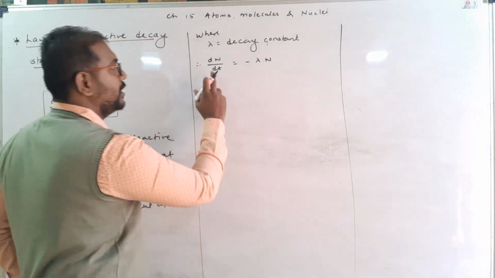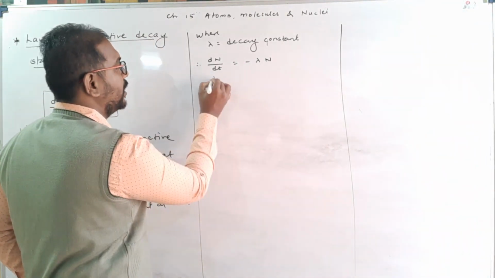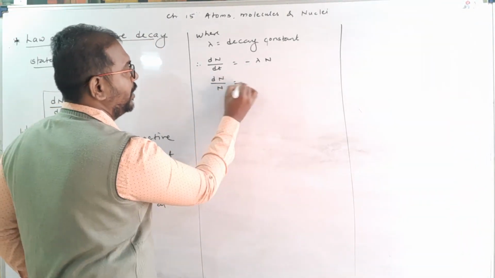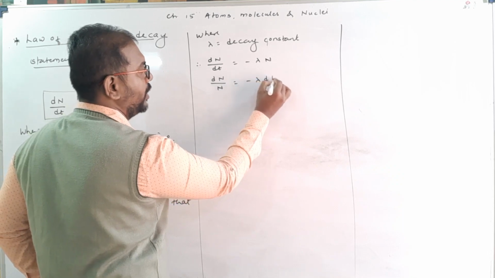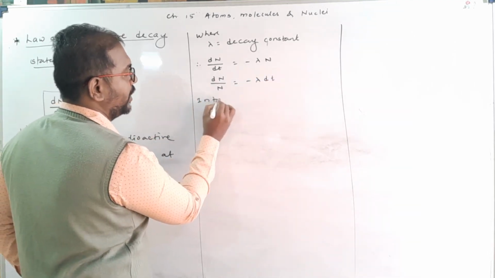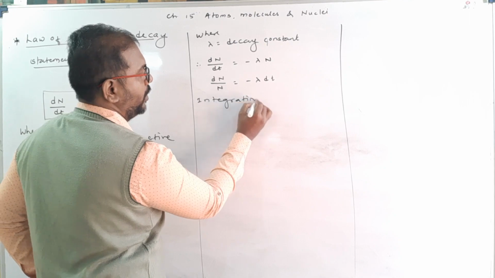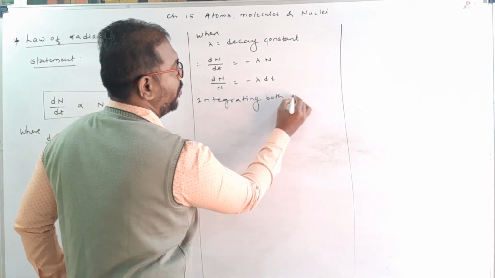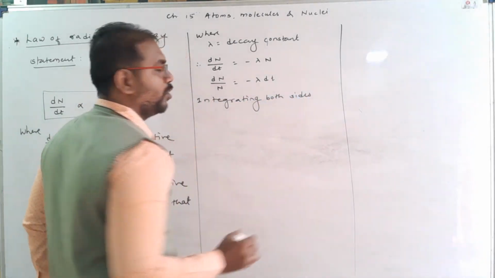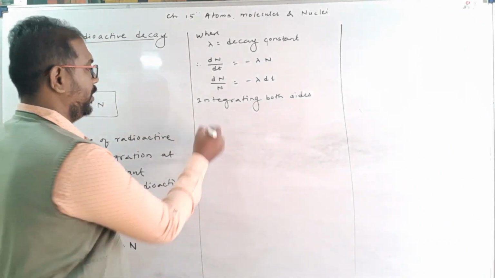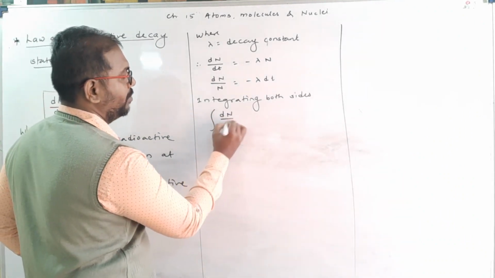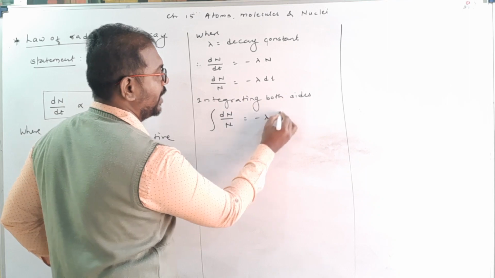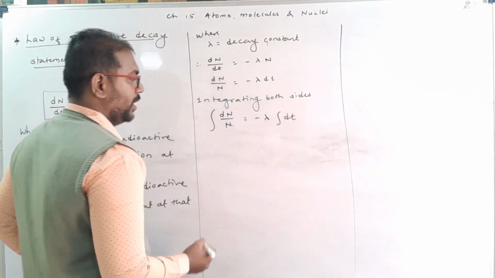I can transfer dt to this side and N to this side: dN by N is equal to minus lambda into dt. Now integrating both sides, we get the integration of dN by N is equal to minus lambda times the integration of dt.